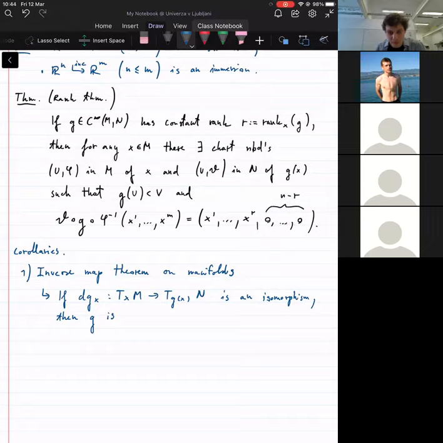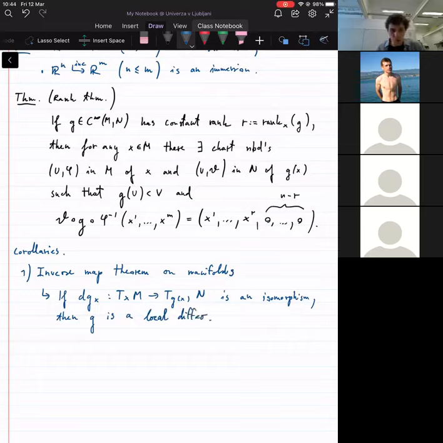Can you finish my sentence? Invertible. No. Diffeomorphism. Local. Yes, so it is invertible, but only locally. So this is a local statement. g is a local diffeomorphism.